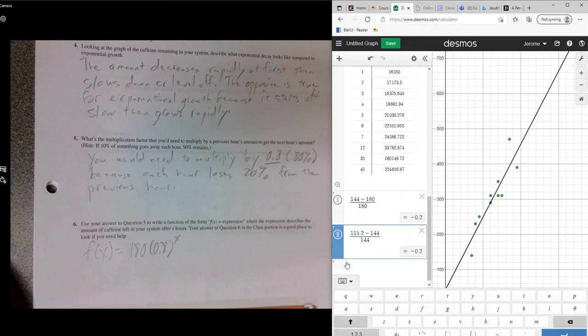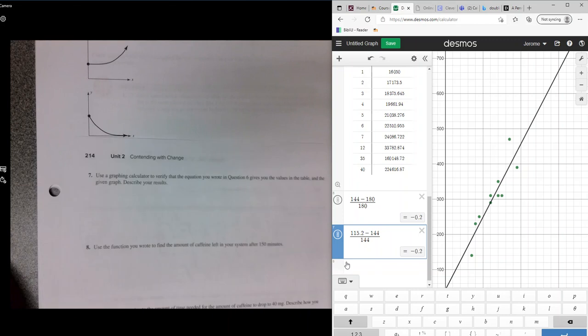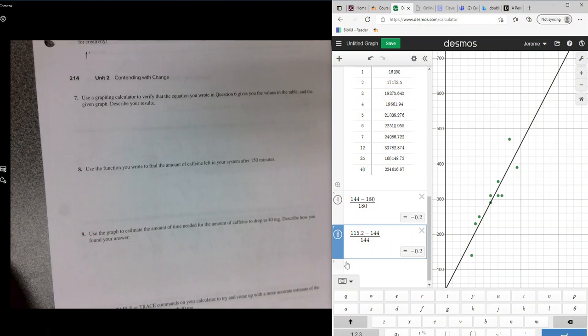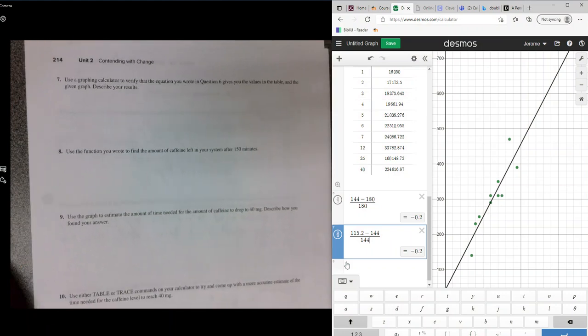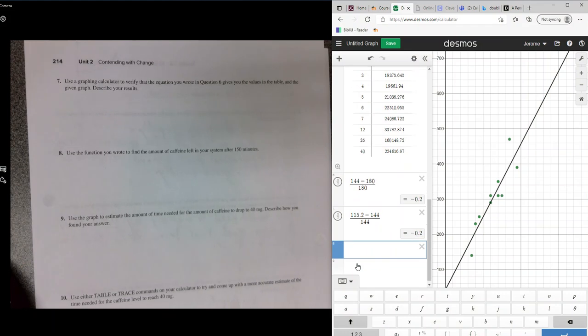Okay, now we move on. It says here, use a graphing calculator to verify that the equation you wrote in question 6 gives you the values in the table and the given graph. Describe your results. Okay, just like we did before, we would type in y is equal to 180, then the parentheses 0.8, and then we would take this to the x power.